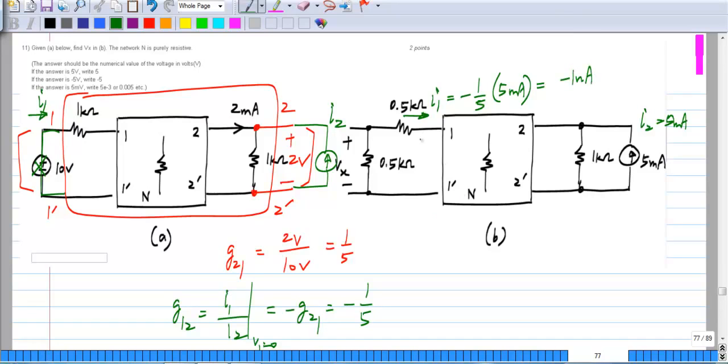So it means that basically 1 milliamp is flowing in that direction. So Vx, it's very easy. It's 1 milliamp times half a kilo ohm, which is half a volt. Okay. So Vx equals half a volt. That's the answer.